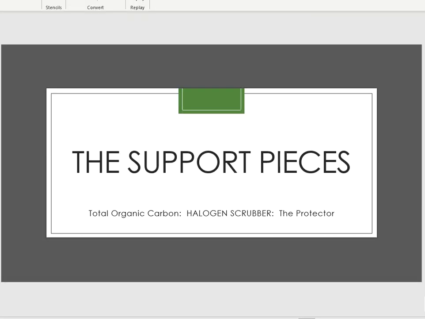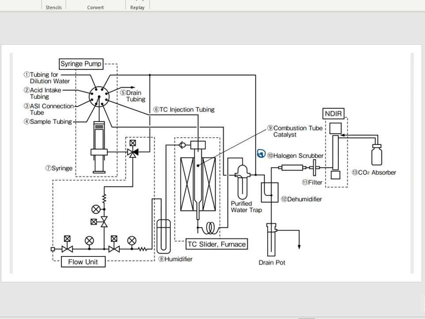So if I go back to this schematic, which is, again, the one that we are constantly looking at over and over, the area that I want to focus in on is the halogen scrubber, which in this diagram is listed as number 10. And the halogen scrubber is actually this piece right here.